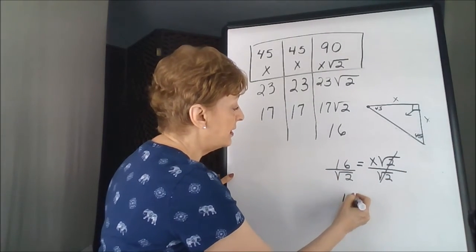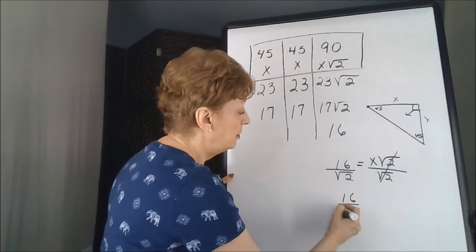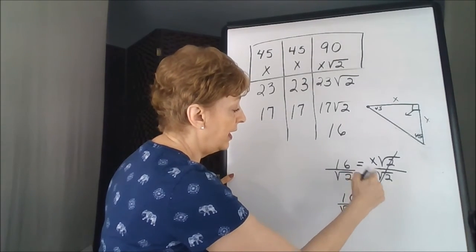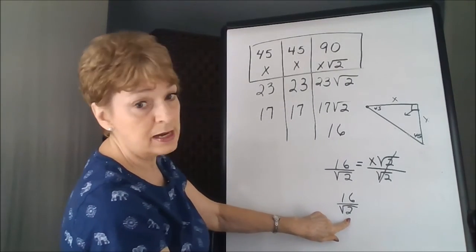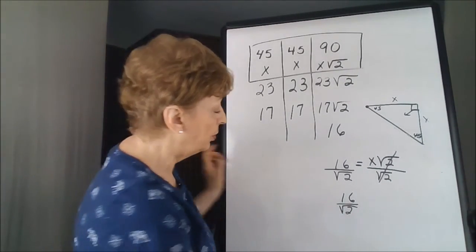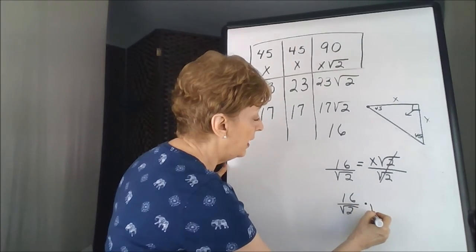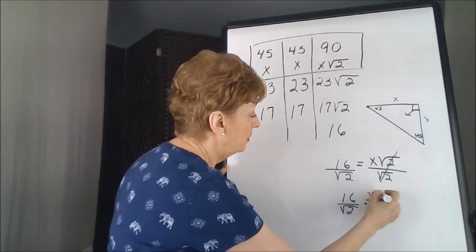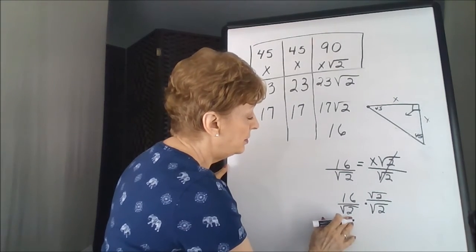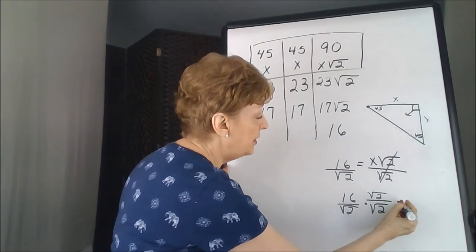Now this 16 over radical 2 needs to be simplified. We cannot have a radical in a denominator. So we're going to have to pull this out by multiplying by the same. Radical 2 times a radical 2 gives you 2.